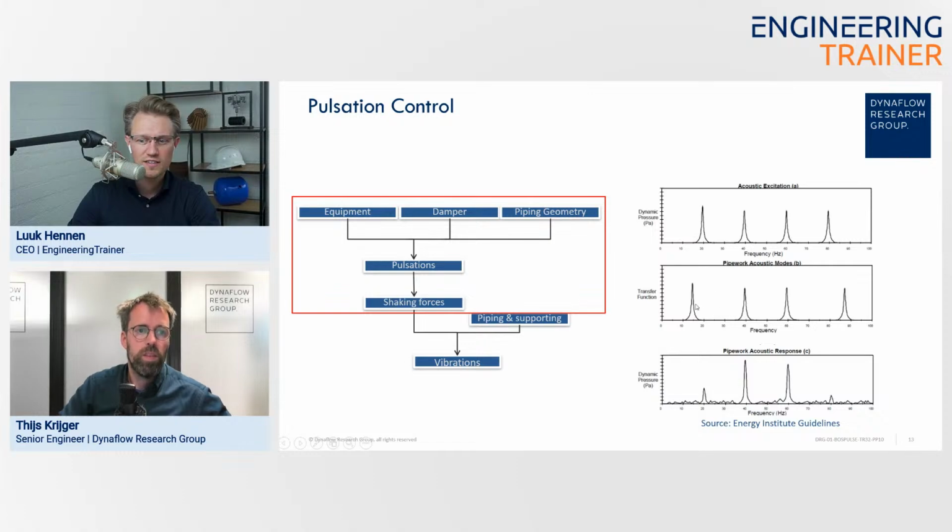And then you can look at what the acoustic modes are that are possible within my system. Which is what's shown on the middle graph. And then the overlap between those two will give you the actual acoustic response of the system. So we're not talking about mechanical response at all here. Not yet.